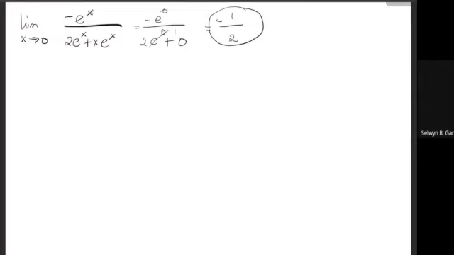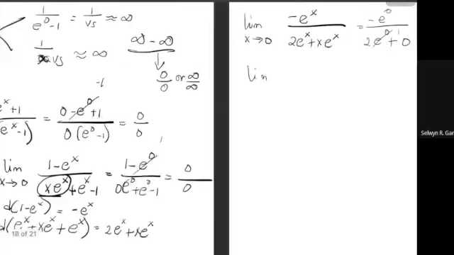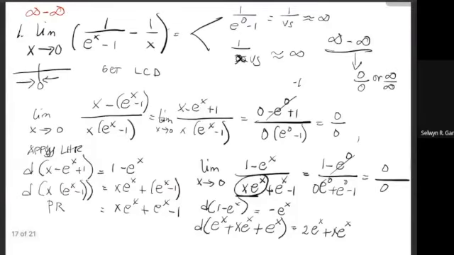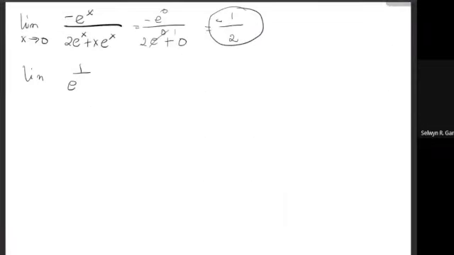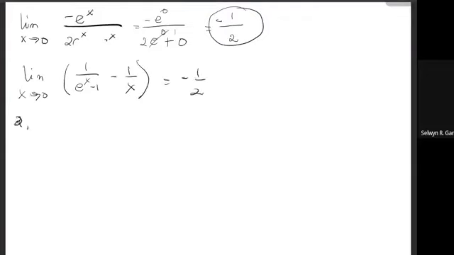So now we know that the original expression, which is 1 over e to the x as x approaches 0, is equal to negative 1/2. The third type, you apply the value of infinity, so you will know what kind of indeterminate form this one is.